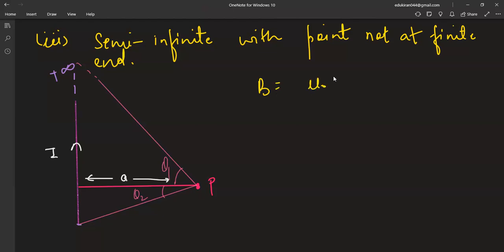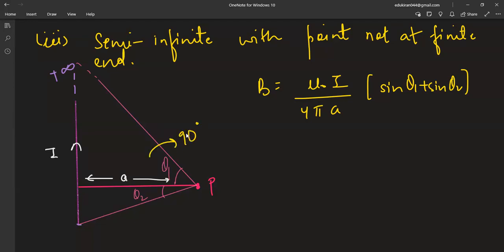Now coming to the magnetic field. B was equal to mu naught I by 4 pi A times sine θ1 plus sine θ2. When you put it, θ1 will be extending and becoming 90 degrees, but θ2 is fixed and rigid, it can be any value, so we are just putting it as theta.